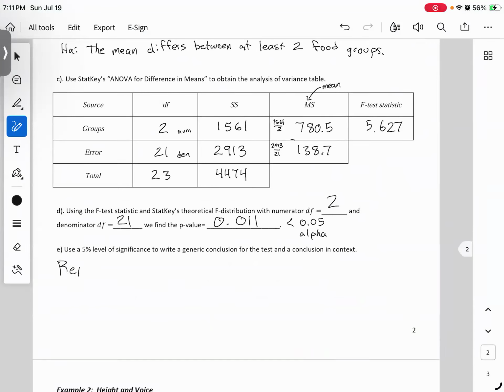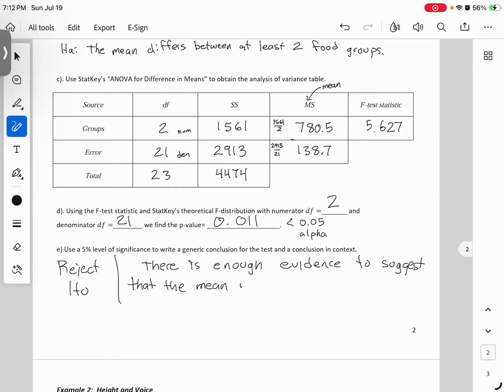So we can reject the null hypothesis and say that there is enough evidence to support, or again, you can say to support or to suggest, either word works, that the mean number of ants differs between at least 2 food groups.